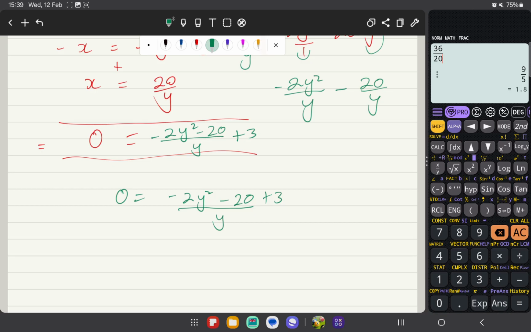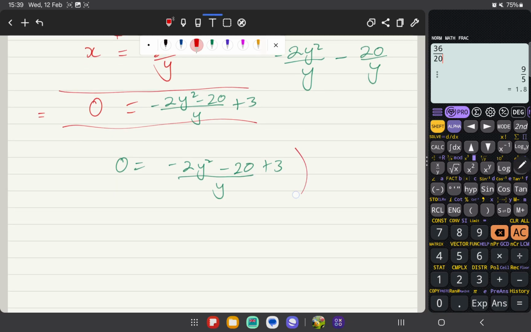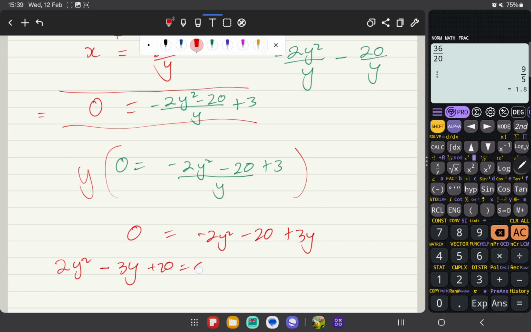You're trying to eliminate one variable so that you're left with one other variable to solve, which is exactly what I have here, and here I can multiply the whole thing by y. After doing that, I'll have 0 equals minus 2y squared minus 20, then plus 3y. You transpose everything, you have 2y squared minus 3y plus 20 equals 0.